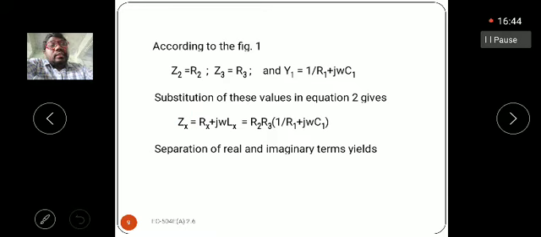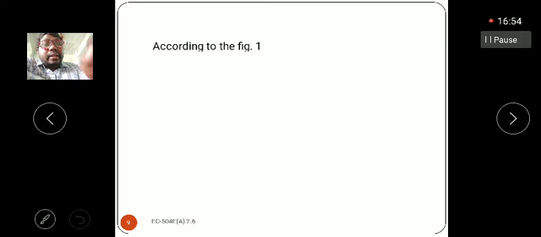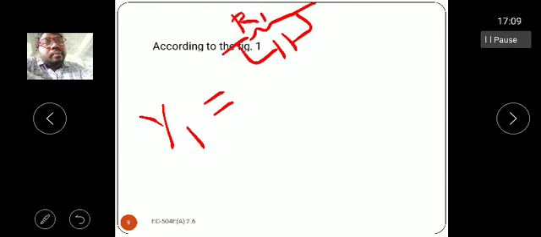The third one is the admittance Y1. Here I am clearly explaining Y1. We have two arms connected in parallel, a resistor R1 and a capacitor C1, and you have to write the admittance.